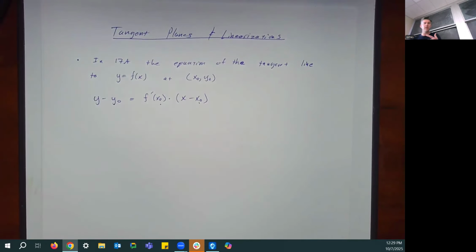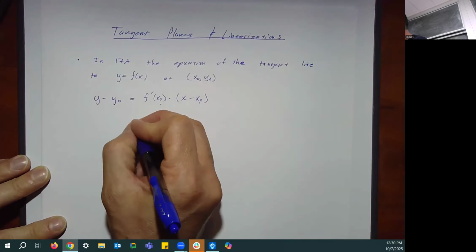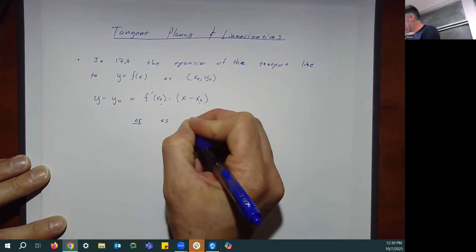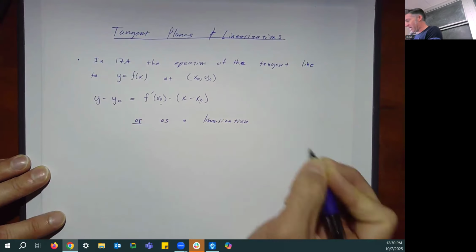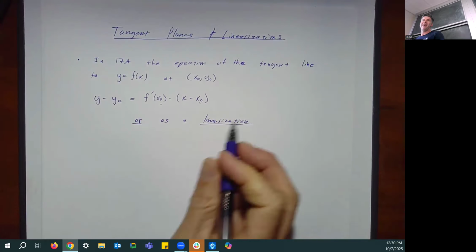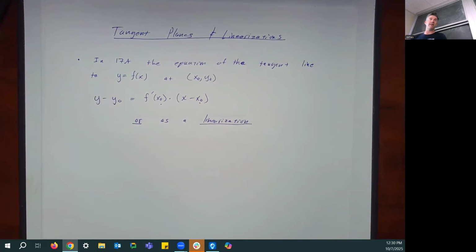Now, when you do a linearization, you're typically isolating y. You're expressing y as a function of x, so we want it to be by itself. And for whatever reason, when we write it as a linearization, at least in 17A, we typically would use a and f of a instead of x naught and y naught.